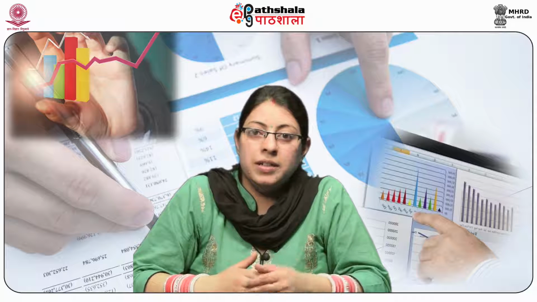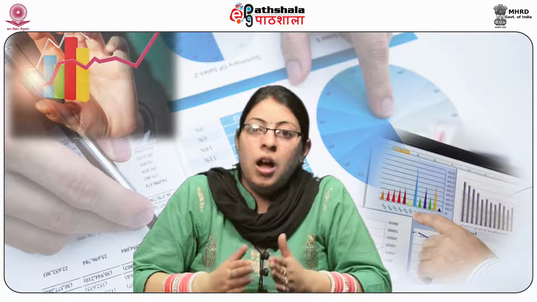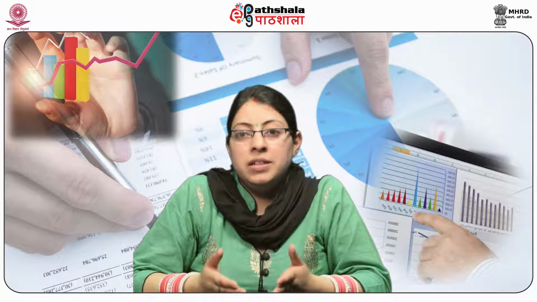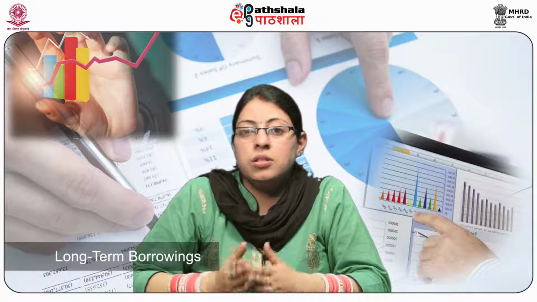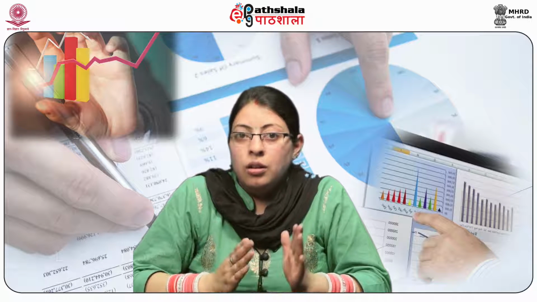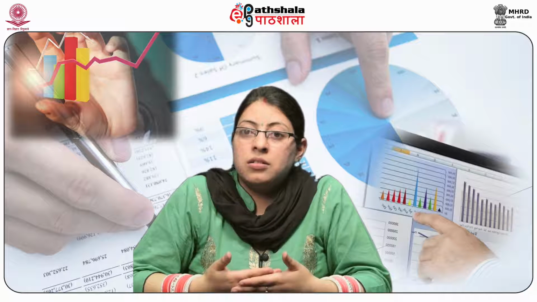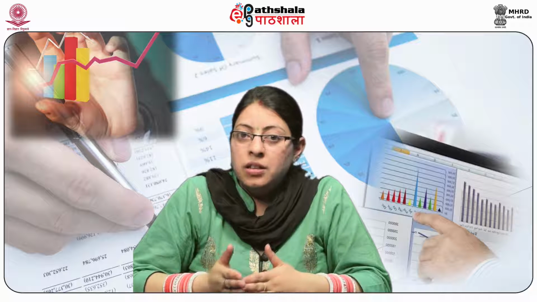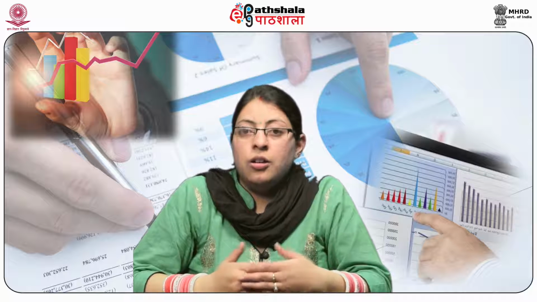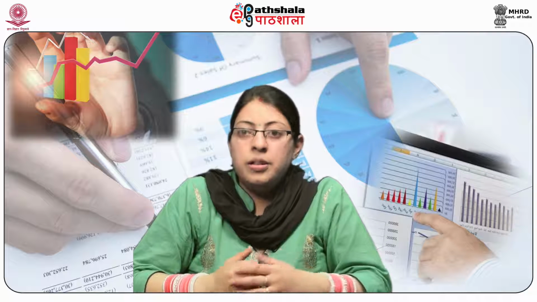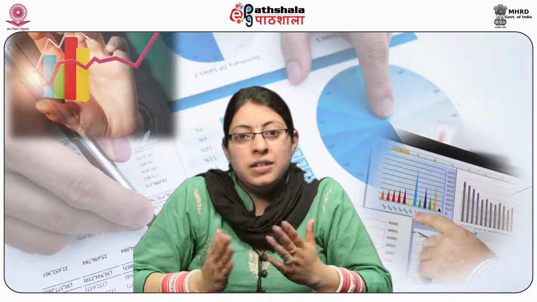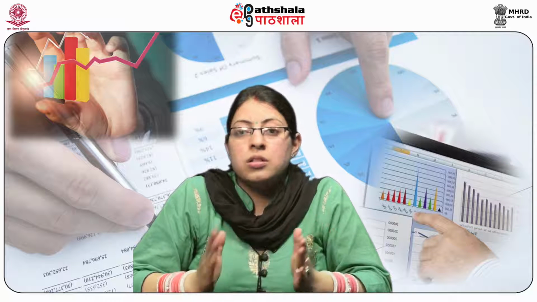The long-term creditors of a firm are primarily interested in knowing the firm's ability to pay regular interest on long-term borrowings. Long-term solvency ratios indicate a firm's ability to meet the fixed interest costs and repayment schedules associated with its long-term borrowings.